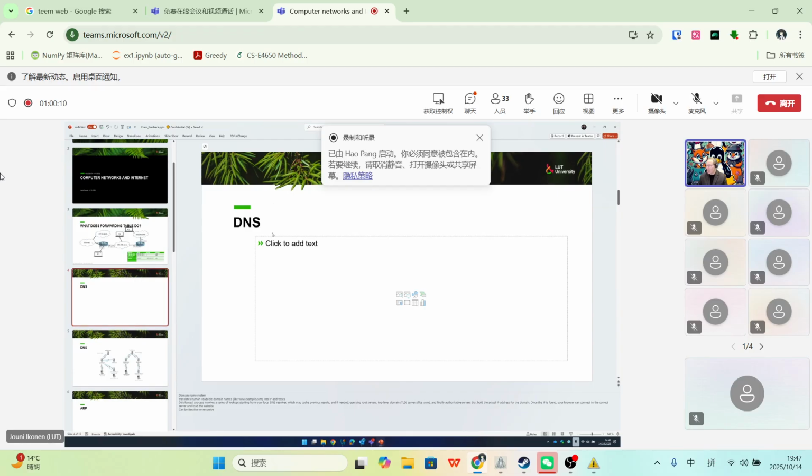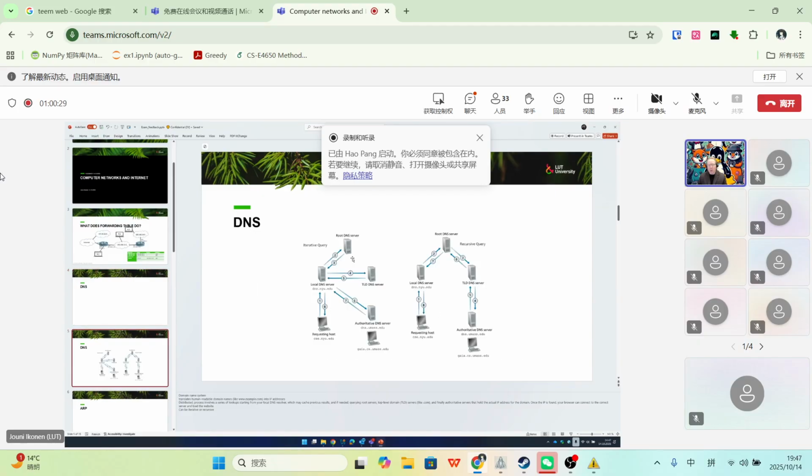So, okay, DNS can also have information of the mail server and so on. So basically, it's a distributed database for looking up the IP addresses from host domain names. And it can be recursive or iterative.